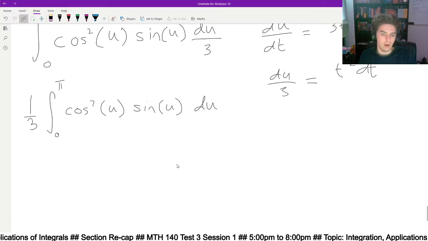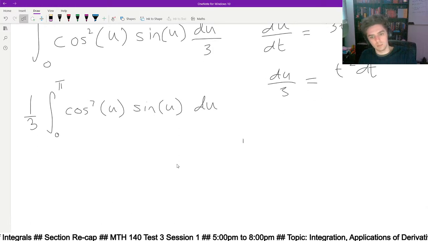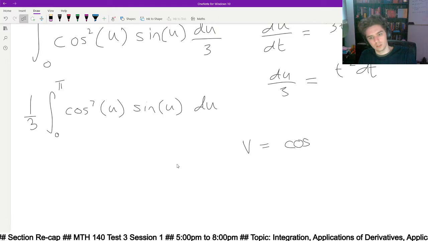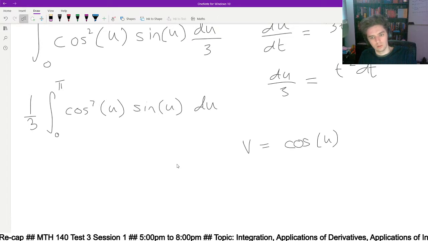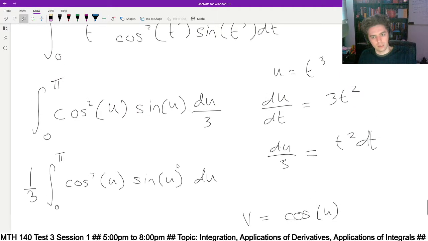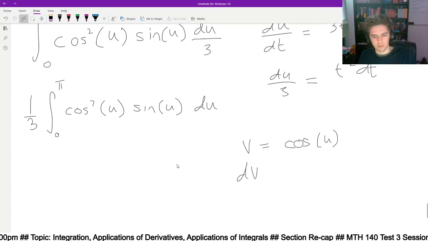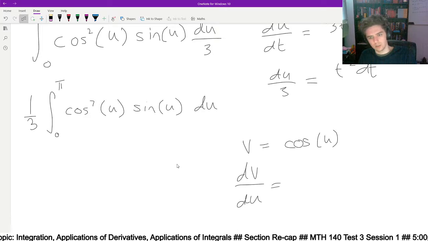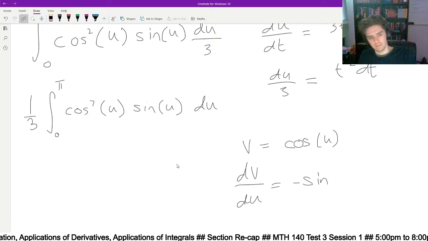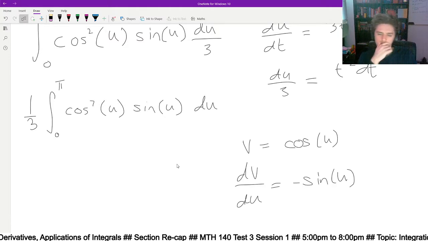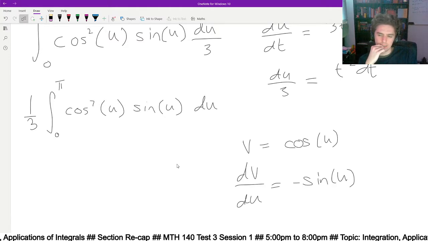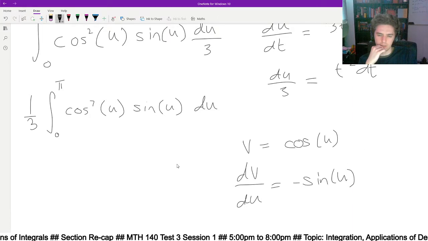And yeah, so now my next thing would be I'd say v equals cos u. Let's see what happens. So dv by du equals negative sine u. My only thing is, shouldn't you take also the derivative of the inner function there?